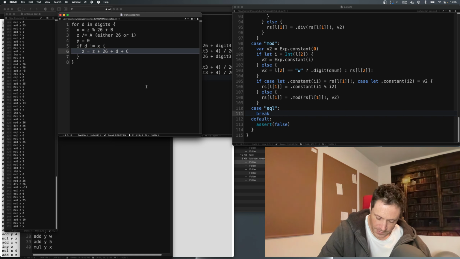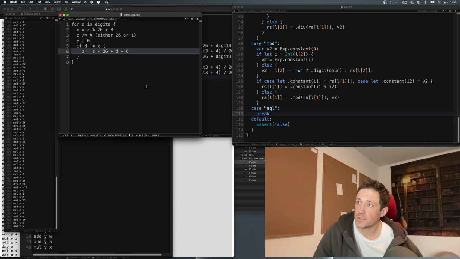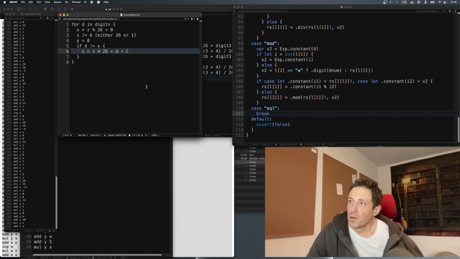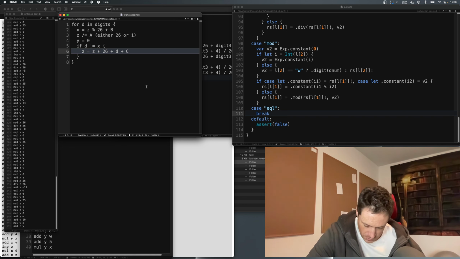Entering 13, we know that Z has to be less than 26. So the division comes out to 0, right? Oh no, that's not true.